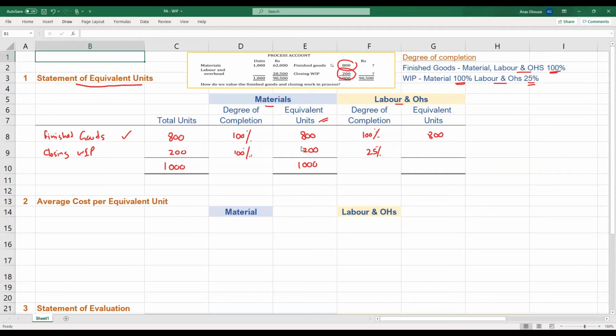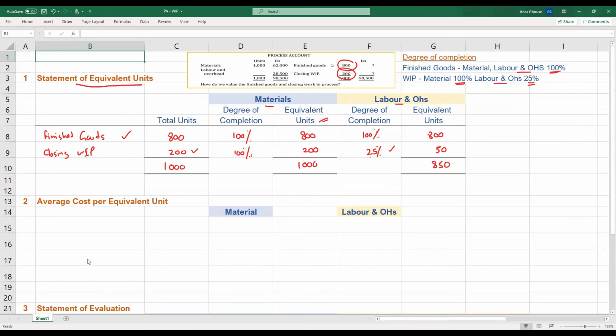Closing work in progress, it is only 25%. So therefore, 200 times 25 will be 50. So therefore, the total equivalent units under labor and overheads will be 850.